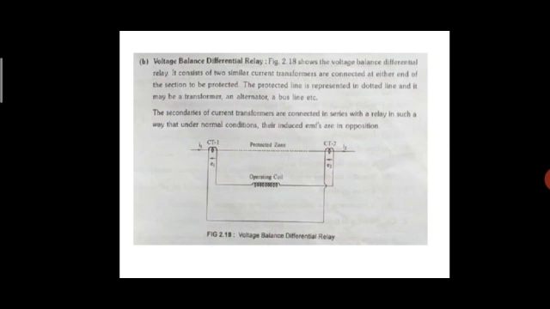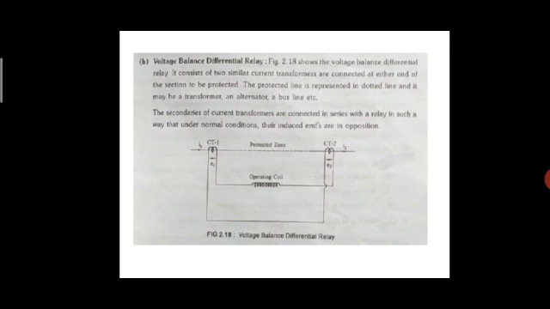Next one, voltage balance differential relay. The voltage balance differential relay consists of two similar current transformers connected at either end of the section to be protected.